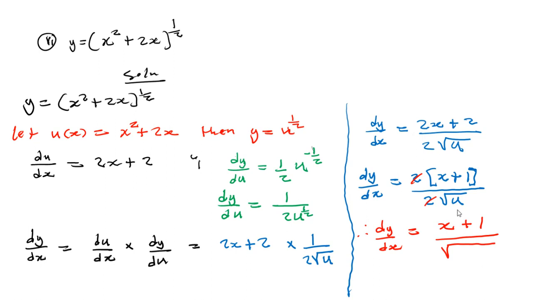So where there is u, we put x squared plus 2x. This is what the answer is.